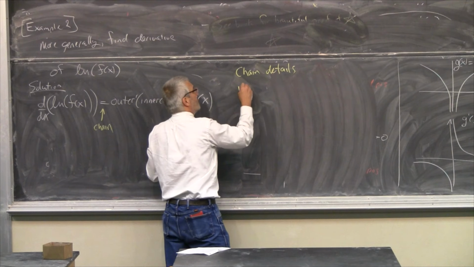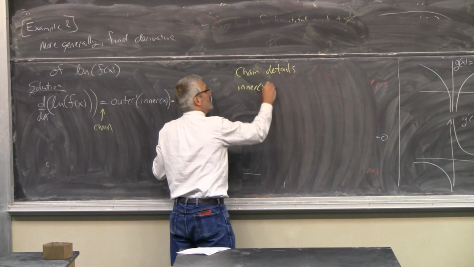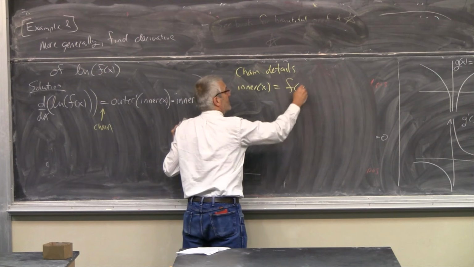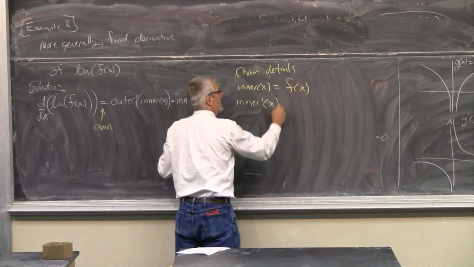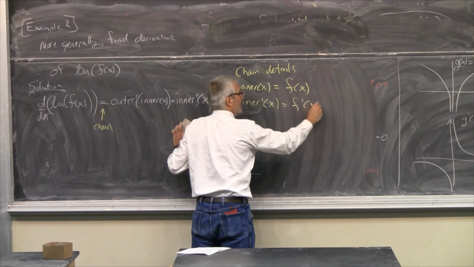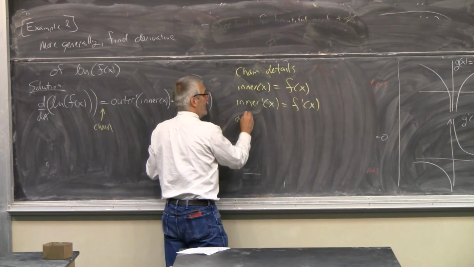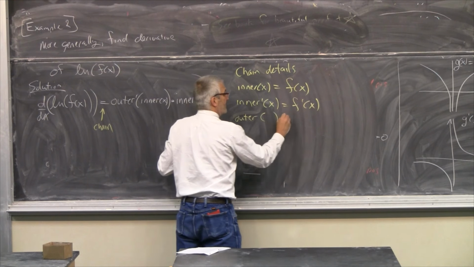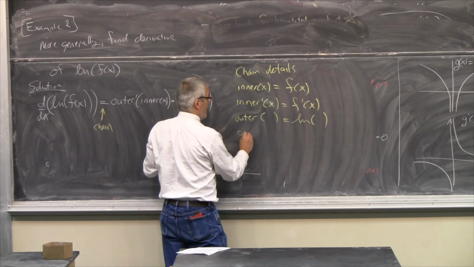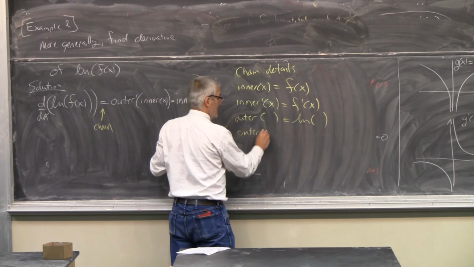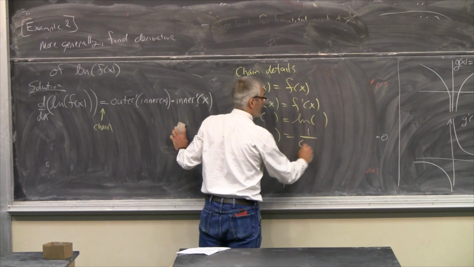So my inner function is f of x. So my inner prime is f prime of x. My outer function is ln of parentheses as before. So my outer prime is 1 over parentheses.